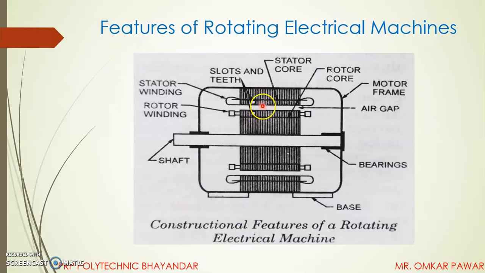So in this case, for example, if we give a supply to the stator, it creates a working flux which links to the rotor winding and generates EMF in the rotor conductors. After generating EMF it produces a flux, and that rotor flux and stator flux interact with each other and produce a force which is utilized to rotate the rotor.